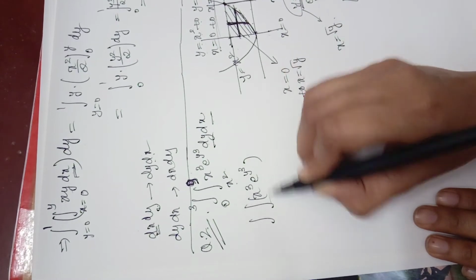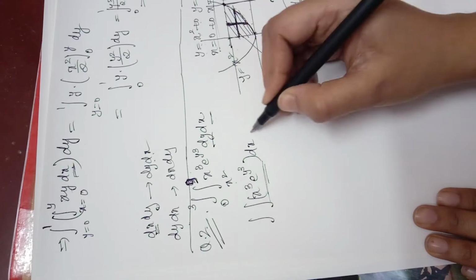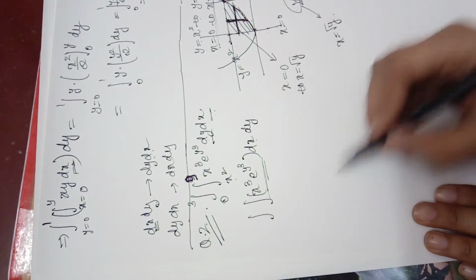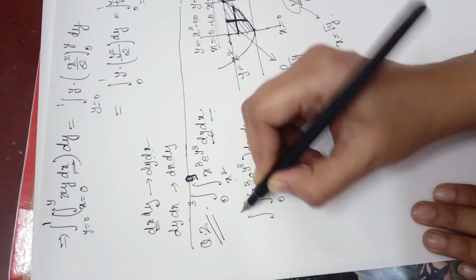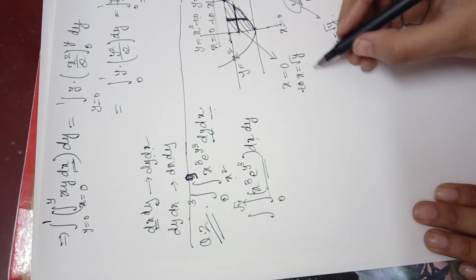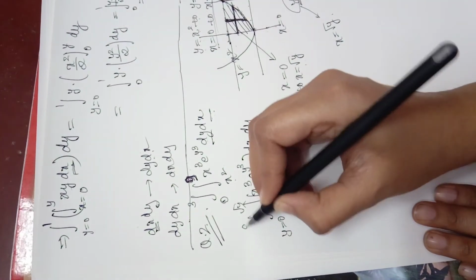In these questions we never change the function value. Only thing is this is going to be interchanged. Instead of dy dx, it would be dx dy, and here my x limit would be 0 to root y because it is going from 0 to root y, and what is my y limit? It is going from 0 to 9.